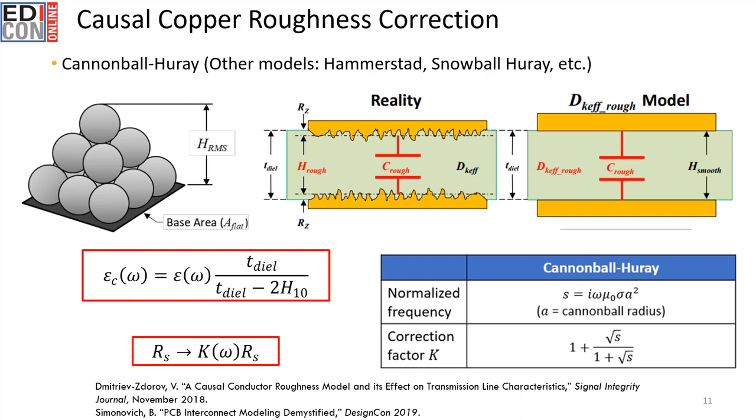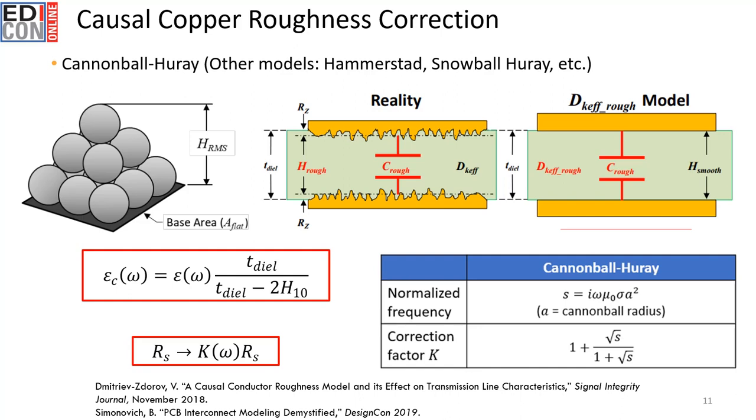And there are a number of models that relate this copper roughness correction factor back to the geometry of the individual particles plus the arrangement of particles. Cannonball Huray is one of the great ones, but there are a number of others. And so you can look up all of those different models if you like in the references.